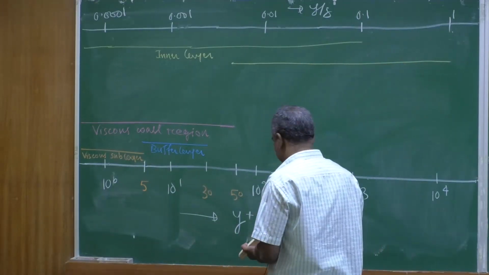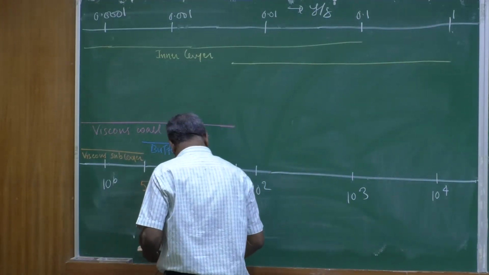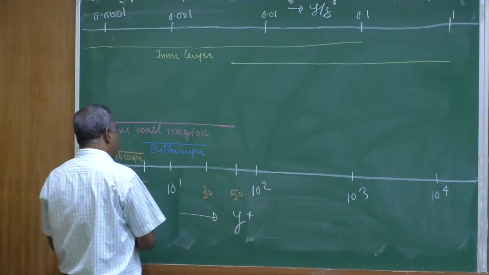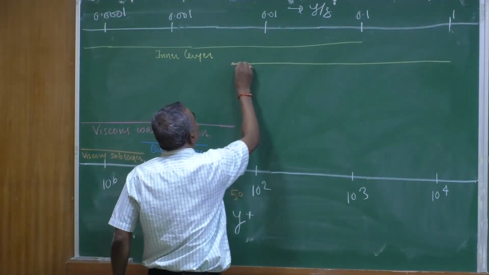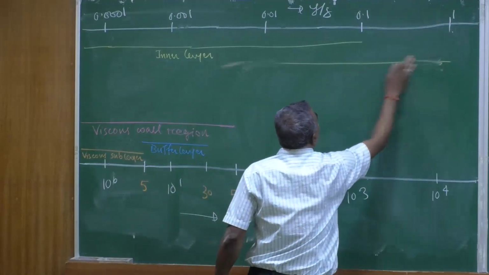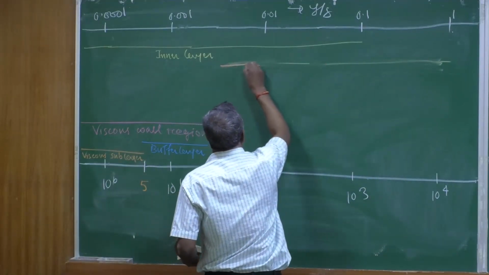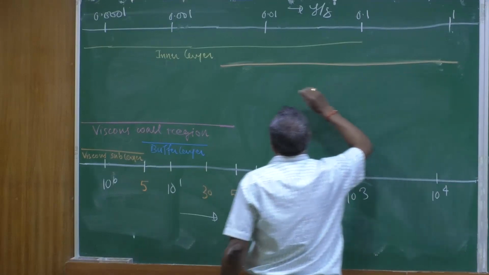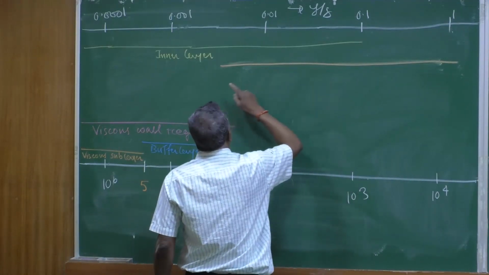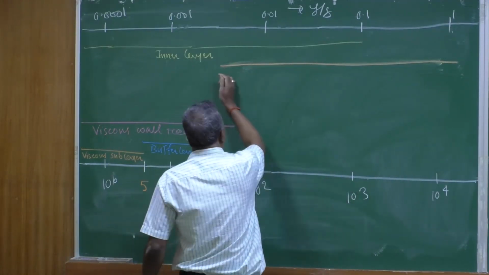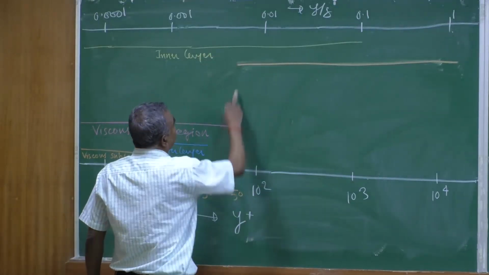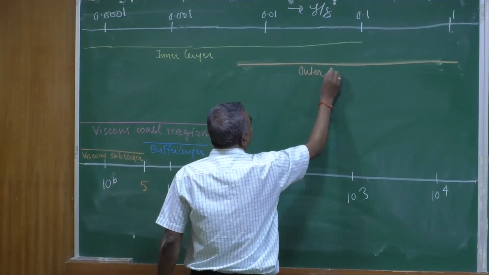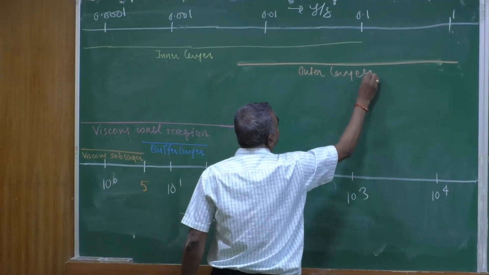Sorry, I should have used some other color. Maybe I will use this color. So, this is your y plus 50, and this is your outer layer.